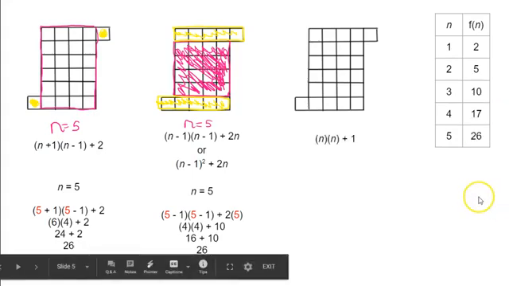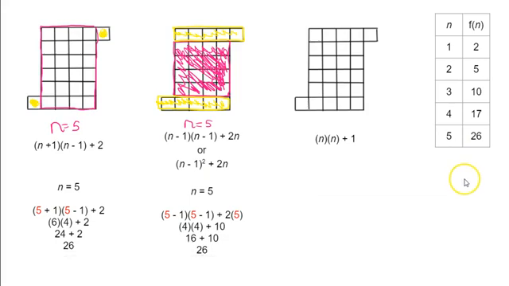So then if we look at the last way, this is saying n times n plus 1. Again, we're on the 5th step, so our n is 5. And so this is saying we're going to take these initial 5 pieces on the bottom, and we're going to kind of cancel these out because we're going to move them.